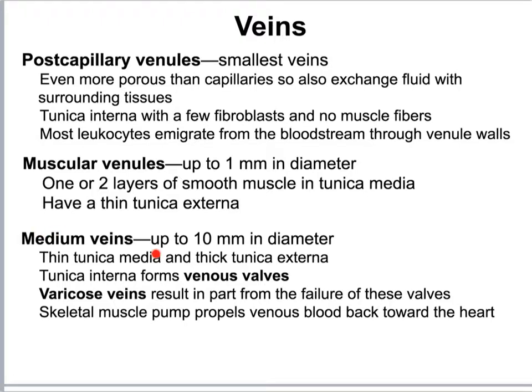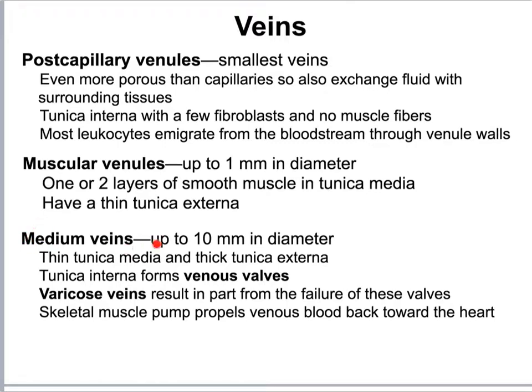Then you go to medium veins, up to 10 millimeters in diameter, with a thin tunica media, so they have some muscle, but not a whole ton, and a thick tunica externa. Because they're going to be what's holding most of the blood, they've got to have a lot of that connective tissue around them.